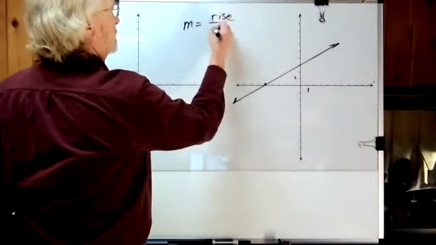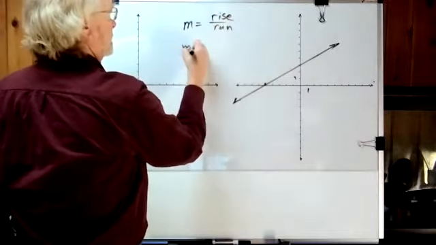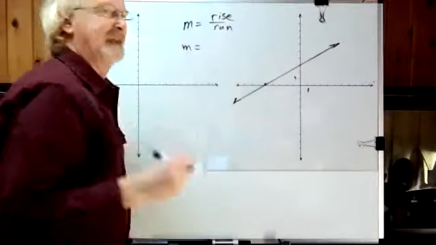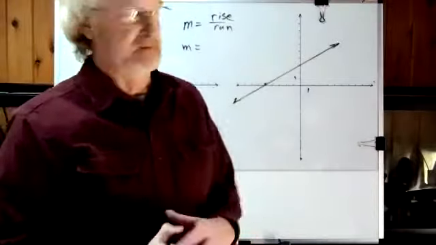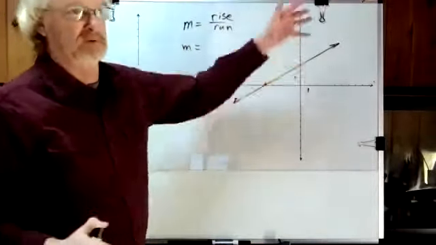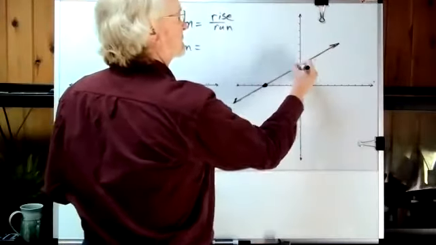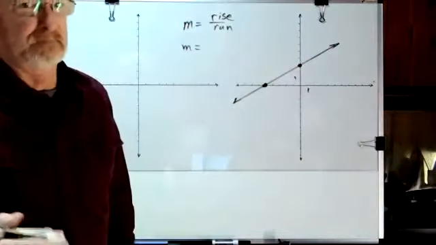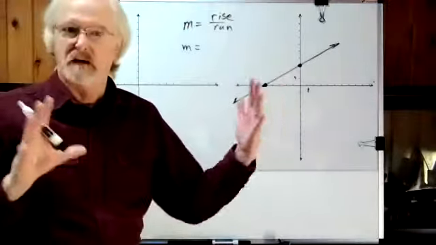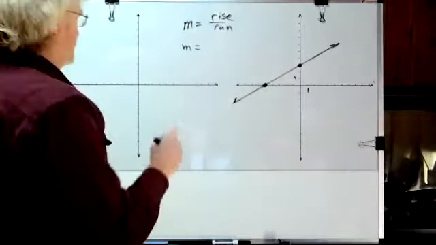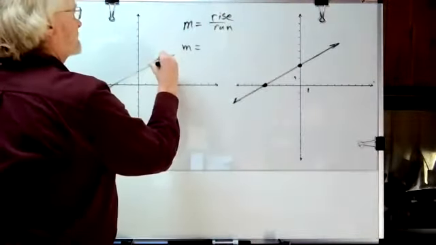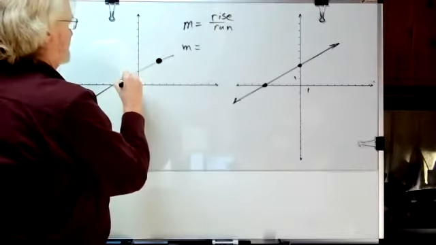rise over run, just count the squares, right? Find two good points. Now on my graph, because I don't have a full graph grid, I'm relying on these intercept points. That's not necessarily going to be the case on one of those grids. You might find that that line crosses here and it crosses here.